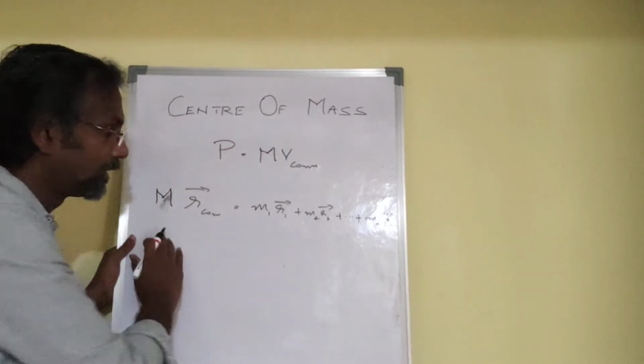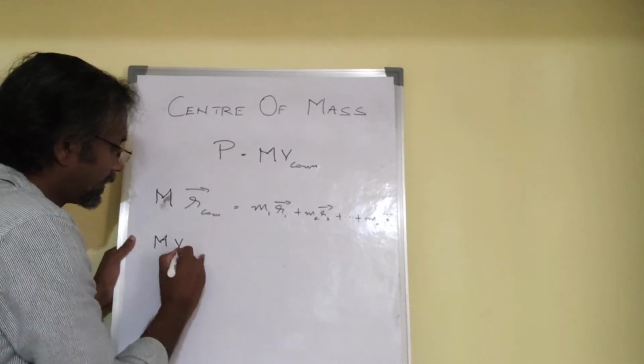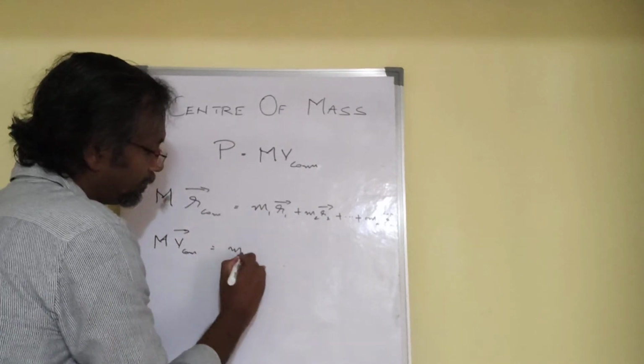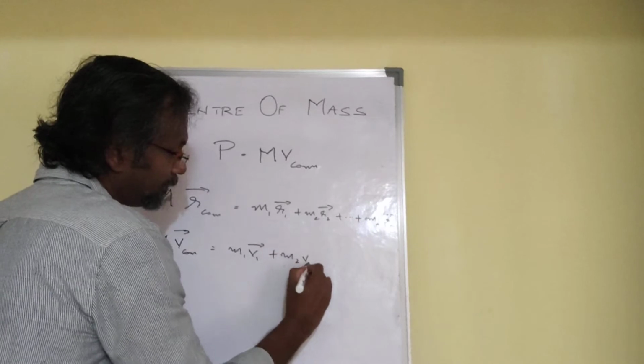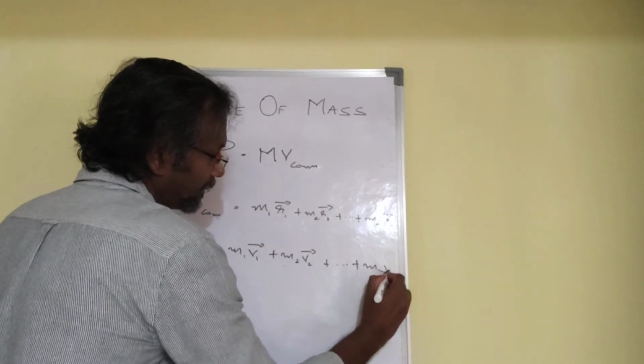I differentiate it once: mass times the differential of position vector gives the velocity vector, equal to m1v1 plus m2v2 plus mnvn.